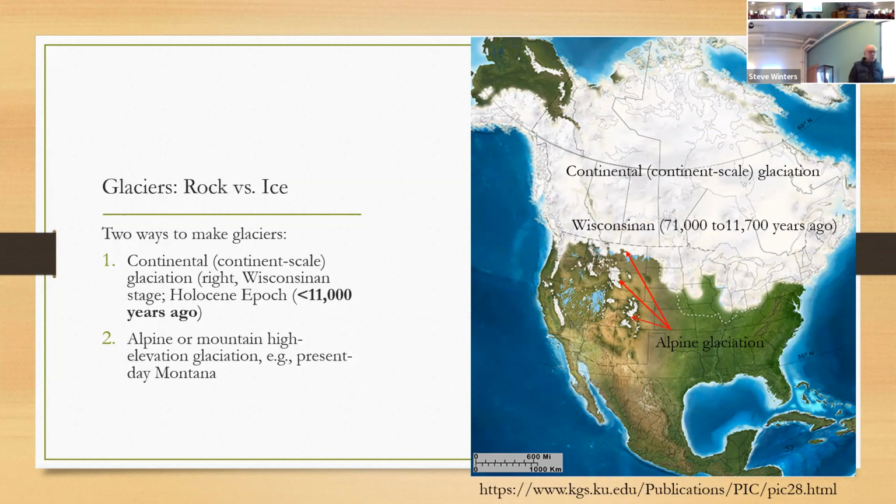We still have those today, although they're all shrinking. And they form in high elevation places where the air is thinner and the temperatures are cooler. Again, more ice can form there than melts in the summer, and you get alpine glaciers. Alpine glaciers all over the world are shrinking. We have continental glaciers, somewhat still in or ice caps in Greenland, but even those are shrinking.